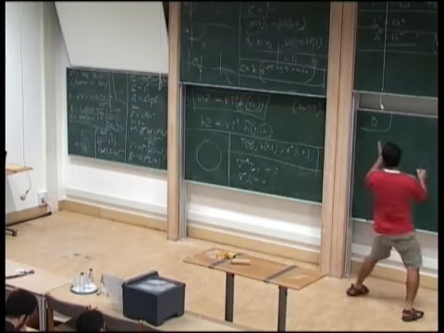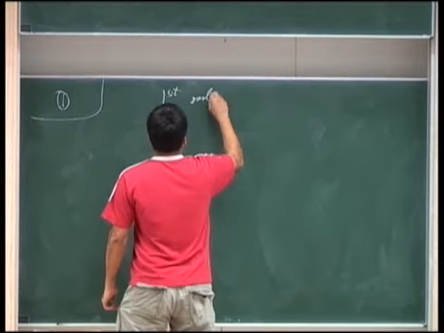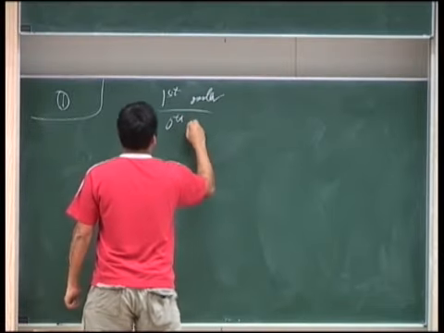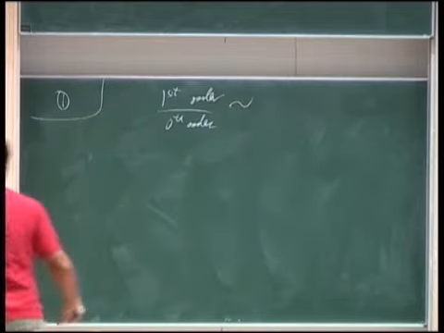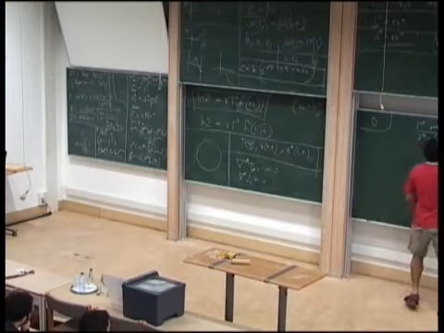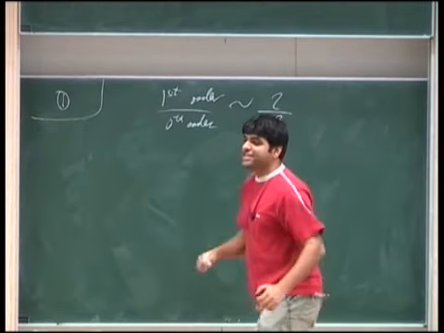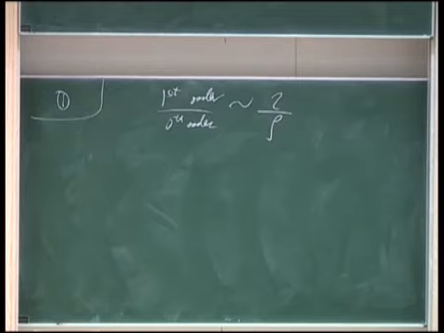Okay, so the ratio of 1st order terms by 0th order can be crudely estimated as the coefficient of this viscosity, this eta, divided by the energy density of the fluid. You see, the 0th order terms are like rho times u.